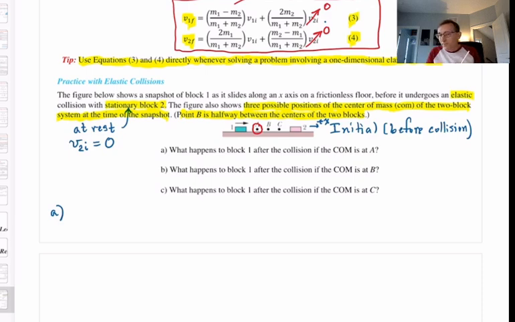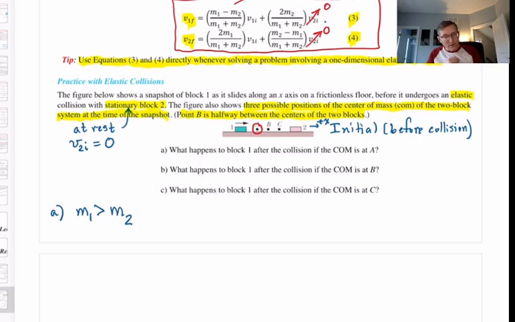What does it tell you? Did you say that block 1 must have more mass than block 2? Yes? Because remember, the center of mass is biased towards the more massive object. If the center of mass is at point A, and A is closer to 1 than 2, then 1 must have more mass than 2.